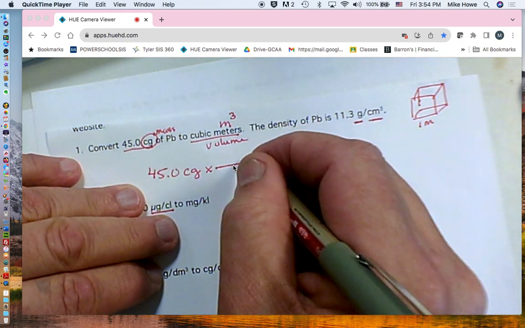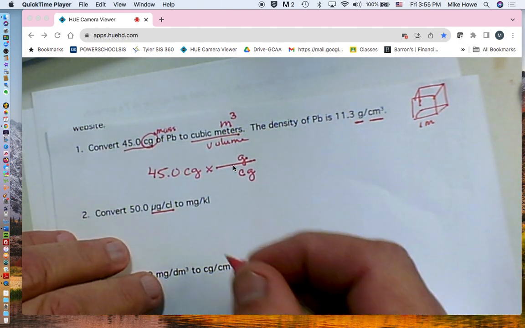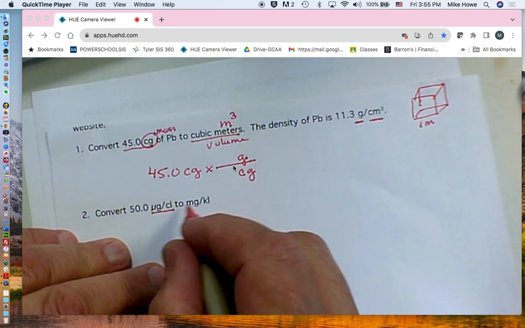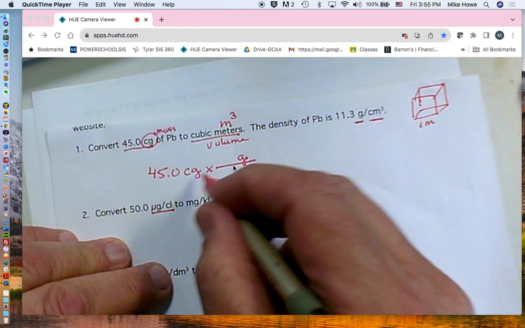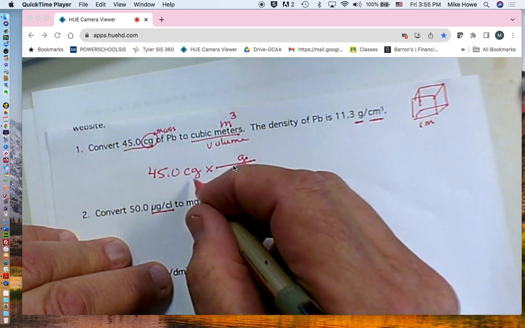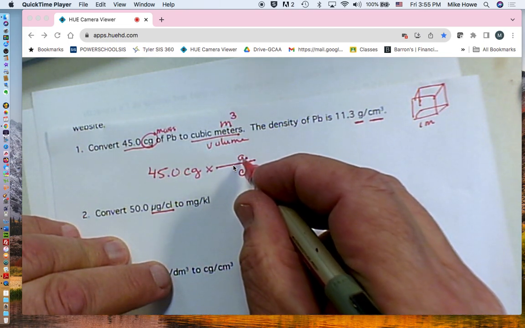And on the top, we can put grams. Now, just as an aside, down here, if you're going from micrograms to milligrams, you would want to go to grams first and then to milligrams. But this problem only requires one step for the first part, just to get to the base unit. Base unit means the unit without a prefix.